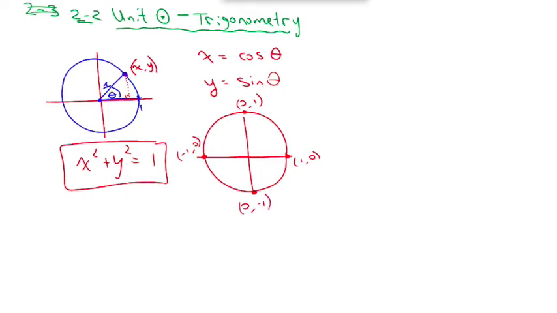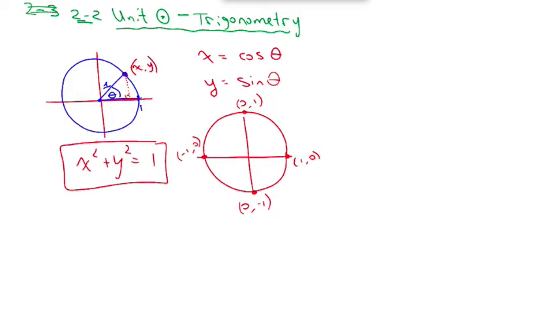This is one of the first pictures you draw on your test, the circle with 1, 0, 0, 1, negative 1, 0, 0, negative 1. Why? Because it is the only picture that allows you to find sines and cosines of 0, pi over 2, pi, 3 pi over 2, and 2 pi. No other picture will do it for you.